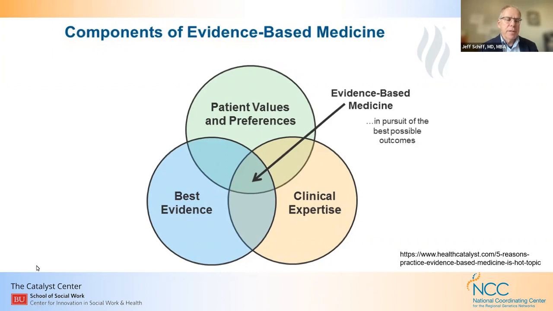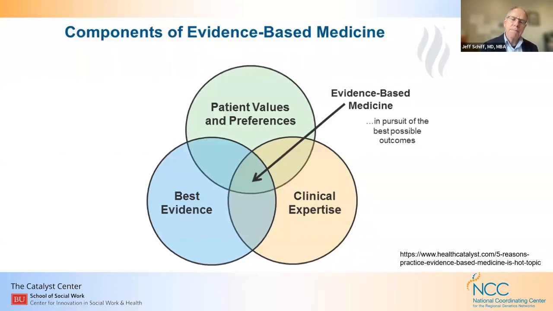This reminds us that we look at the best evidence first, and the evidence has to be combined with clinical expertise and with patient preference and values, and somewhere in the middle is the best application of evidence-based medicine that improves outcomes and care of the children we all serve.